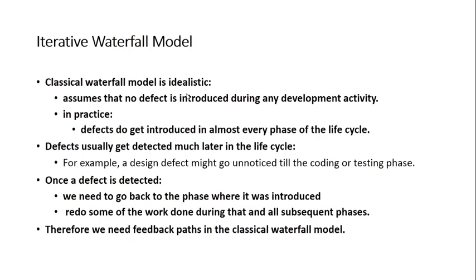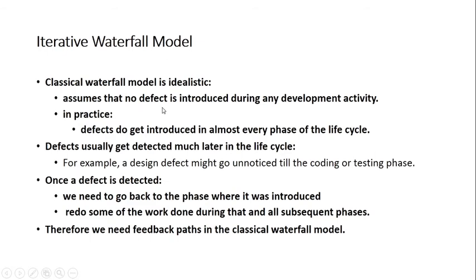Ideal model means it was strictly following that linear sequence, but practically that was not possible if you are not accommodating any change. For errors, you need to go back to the previous phases and make the correction. That was not possible. So the classical model was considered an ideal model, which was not practically possible, right?